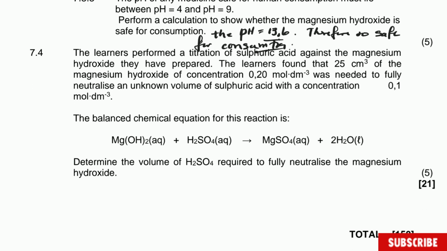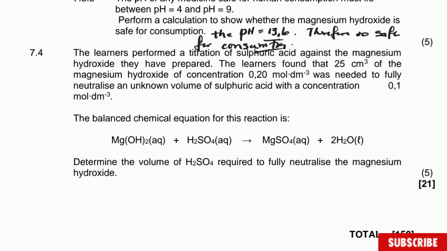Question 7.4, which is the last question of this question 7, and it's going to be the last little sub question of the whole question paper set. The learners perform a titration of sulfuric acid against the magnesium hydroxide they have prepared. Magnesium hydroxide, we already have the concentration.